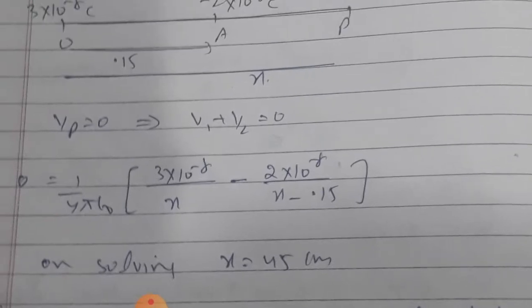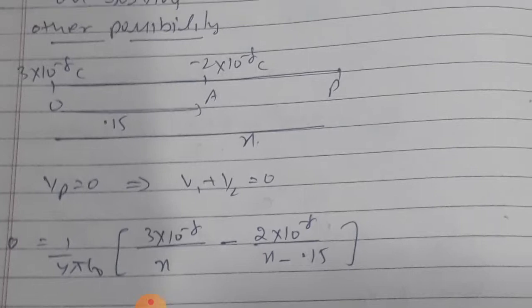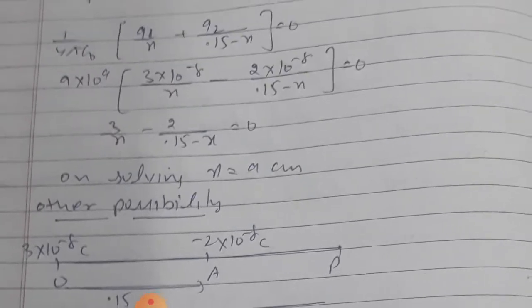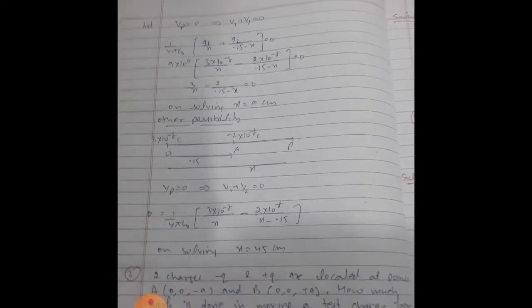So we'll say that at the point P, either 9 centimeter from O, the potential is equal to 0, or at x equal to 45 centimeter from the point O towards the right, the potential will be equal to 0.